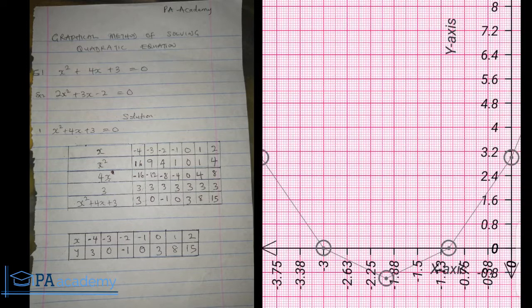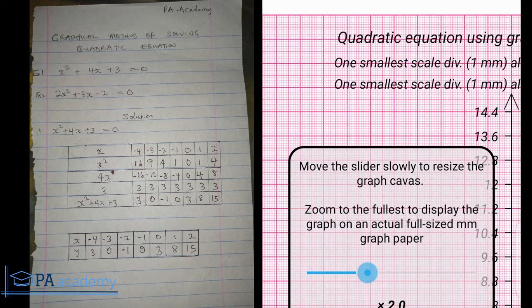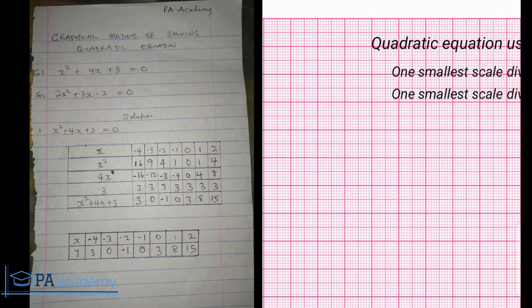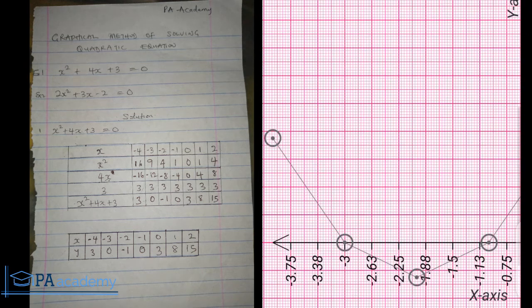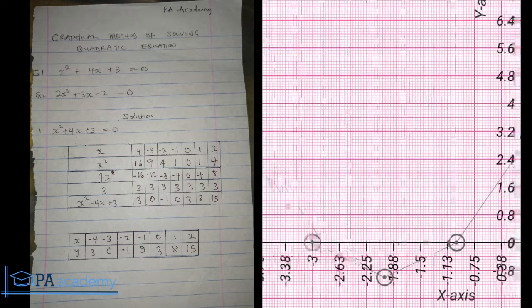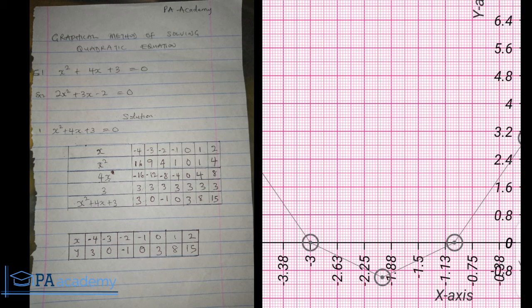So if you look at it closely, it's touching x. Look at these 3 dots. Let me zoom in again. As you can see from these 3 dots, the 2 at the ends, not the one in the middle, are touching the x-axis. The one on my left is minus 3. That is touching minus 3 properly.